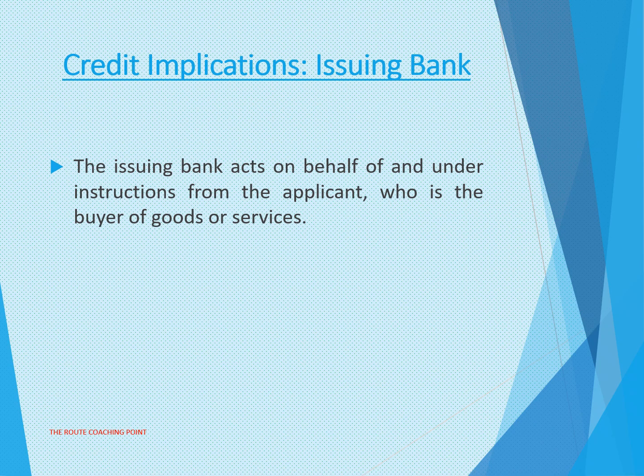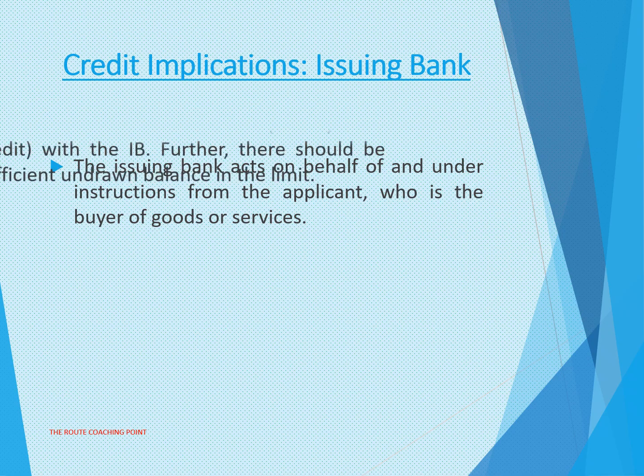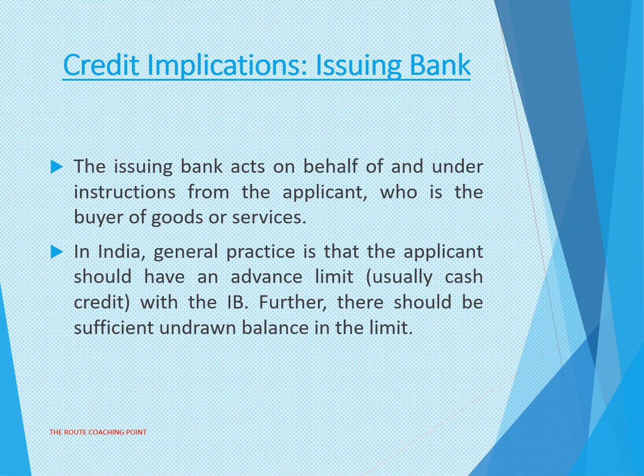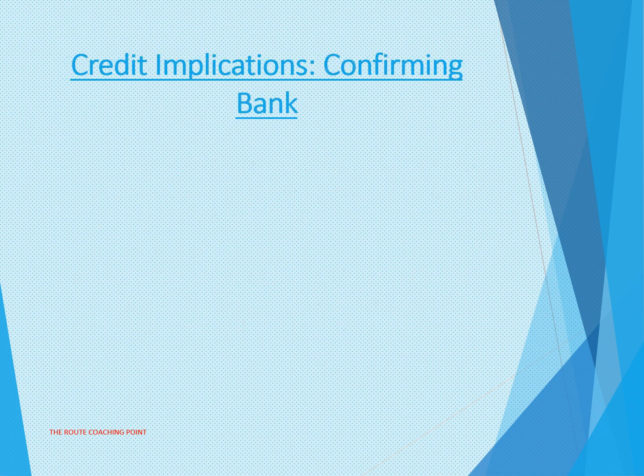Now its implication by issuing bank. The issuing bank acts on behalf of and under instruction from the applicant only, who is the buyer of goods and services. In India, the general practice is that the applicant should have an advance limit, usually CC, with the issuing bank. Further, there should be sufficient undrawn balance in the limit.